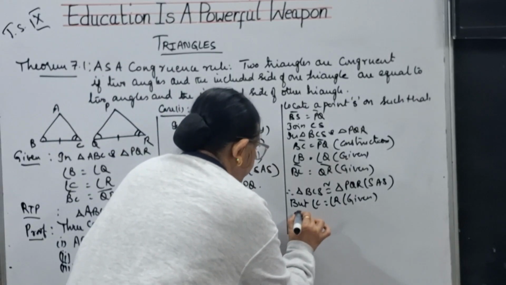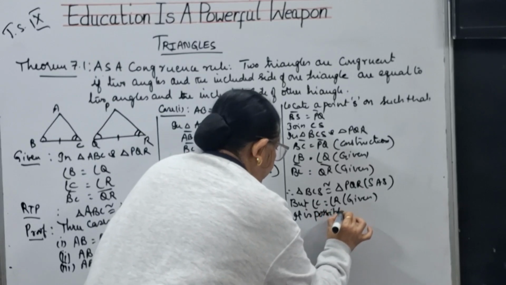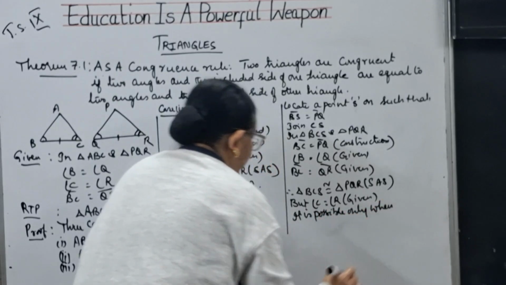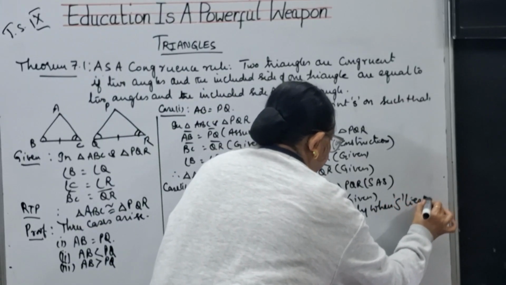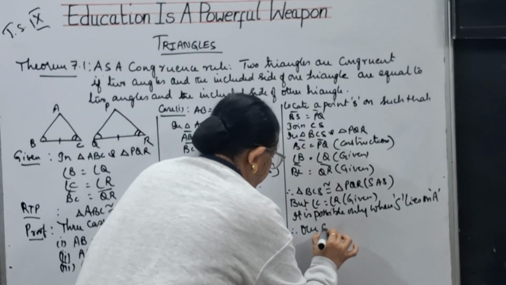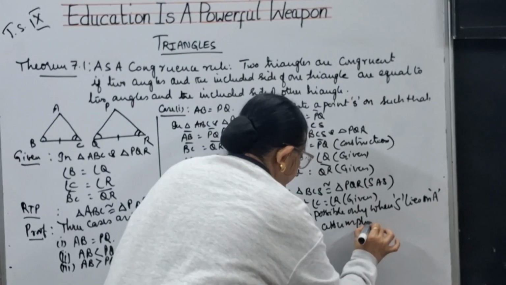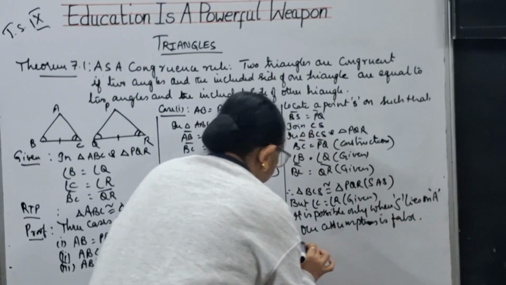So, it is possible only when S lies on A. Therefore, our assumption is false.